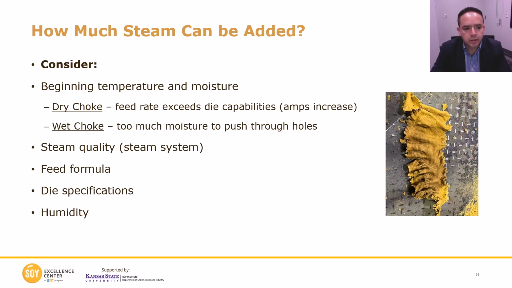And a wet choke is when you have too much moisture to push through the holes. What occurs in the pelleting is like when you are driving in a muddy place, and you can get stuck because there is not enough traction in your tires to move the car out of the muddy area. The same occurs with pelleting.